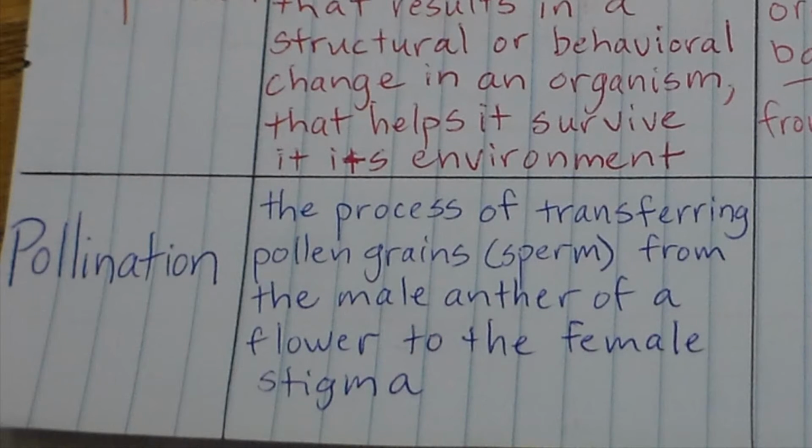So the process of transferring pollen grains from the male anther of a flower to the female stigma. And again, anther and stigma are just parts of a flower that we're going to be learning about this week. So pollination is the process of transferring pollen grains from the male anther of a flower to the female stigma. And this process is obviously what creates new plants or creates seeds.